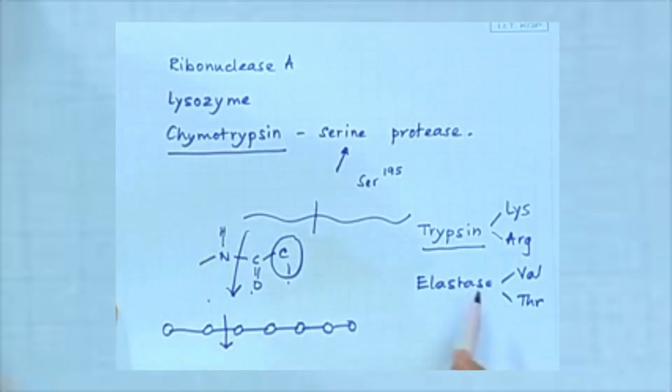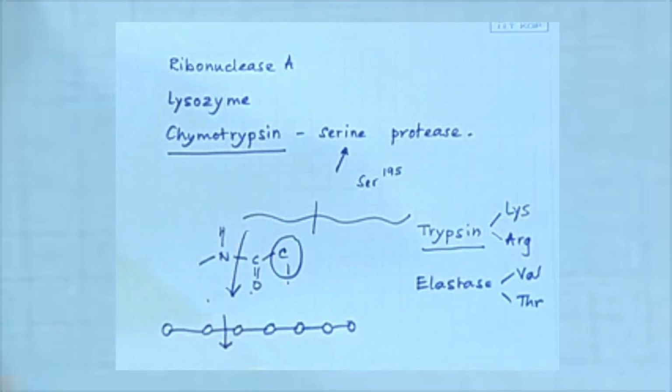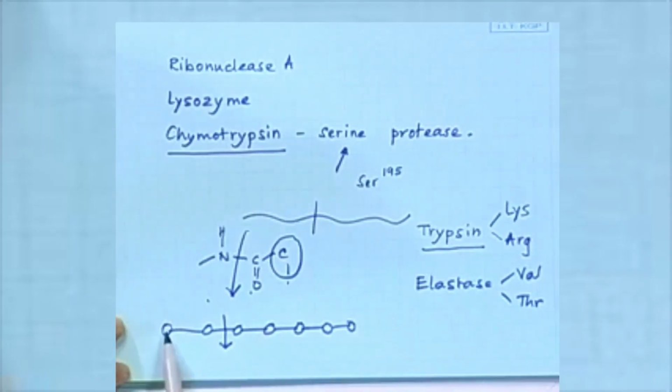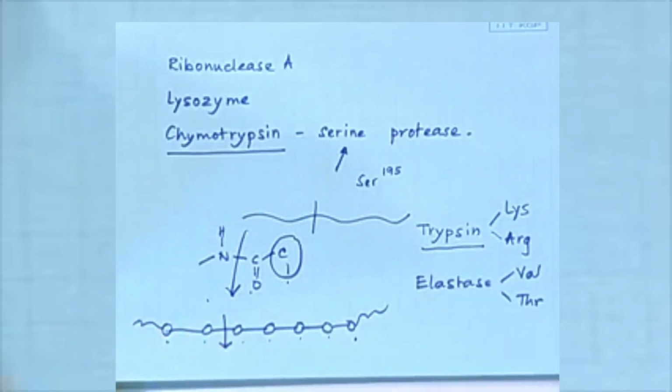If we have elastase, it is going to cleave at some other point. If we have chymotrypsin, we are going to cleave at yet another point. Based on that, we can use this very cleverly to figure out the sequence of our amino acid polypeptide chain. We are going to see how we can actually do that. It's like a puzzle.